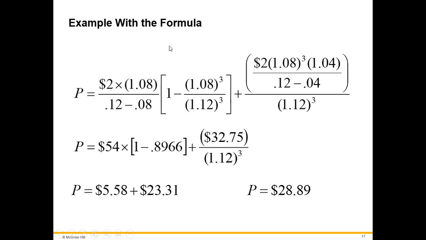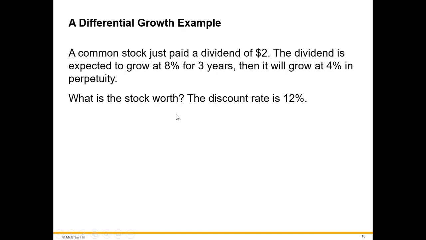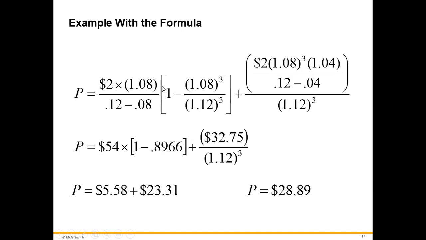Be careful. The first formula, the C, is the last dividend times 1 plus the first growth rate, which is 8%. Let me go back. Yes. Okay. Then divide that by the discount or market rate minus the growth rate. And that result will give you $54.